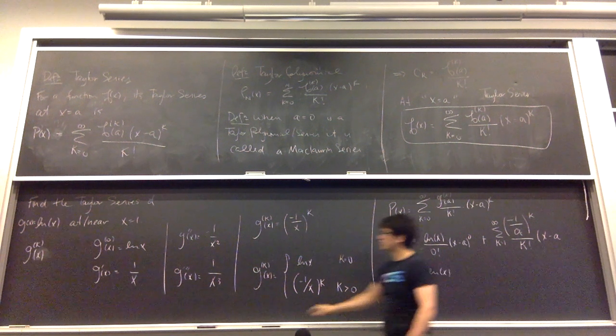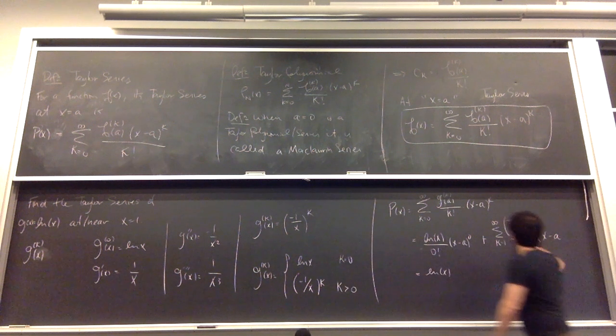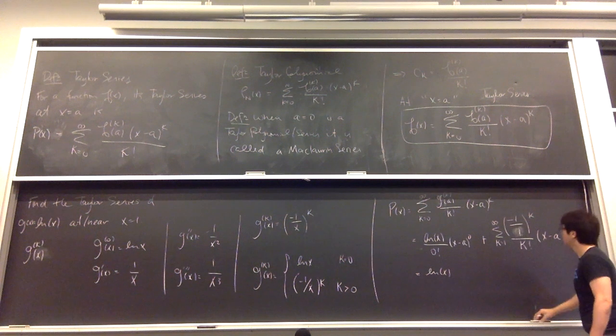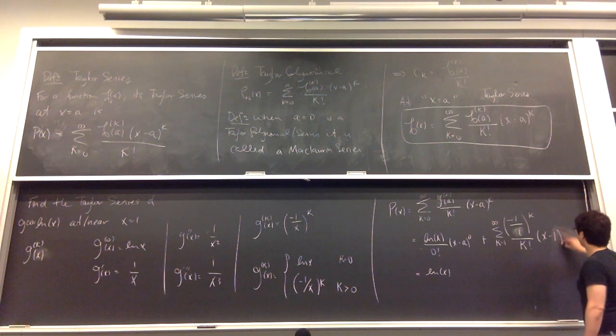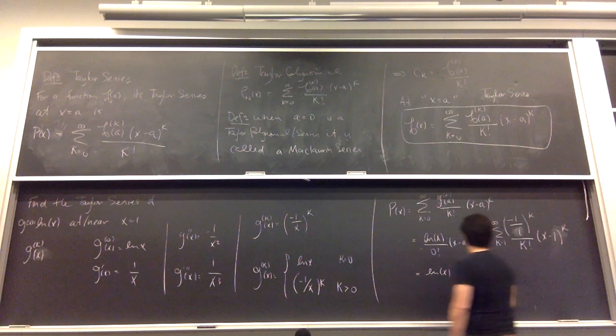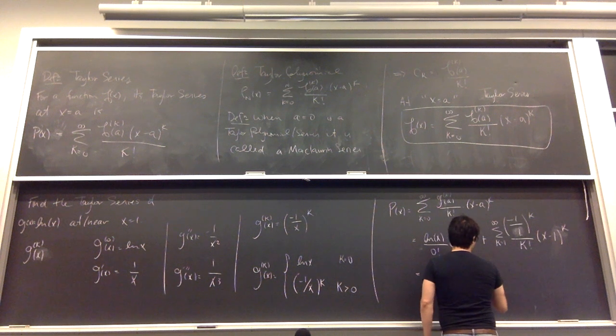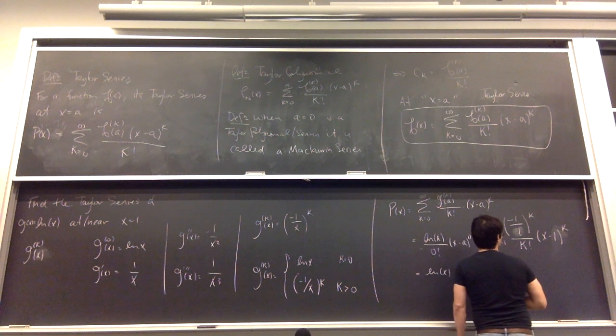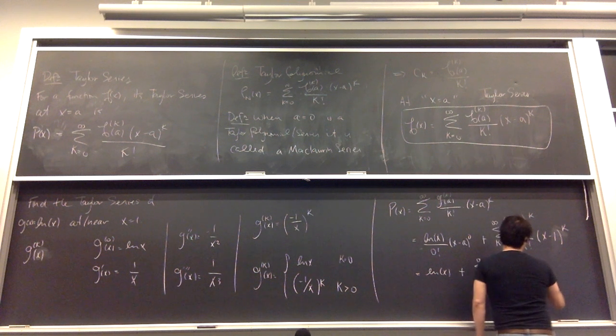We're doing this at 1, aren't we? So that should be a 1. So I can simplify this a bit. This is going to be the sum from k equals 1 to infinity. This is just going to become an alternating term: minus 1 to the k over k factorial times x minus 1 to the k.